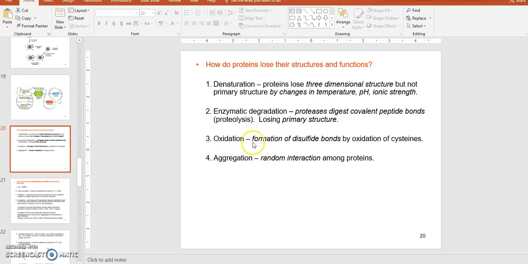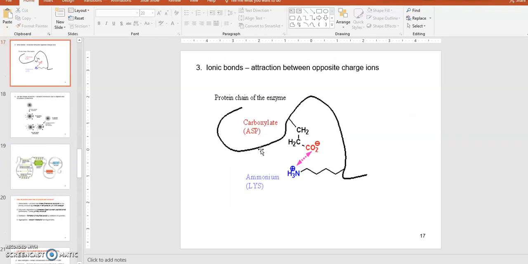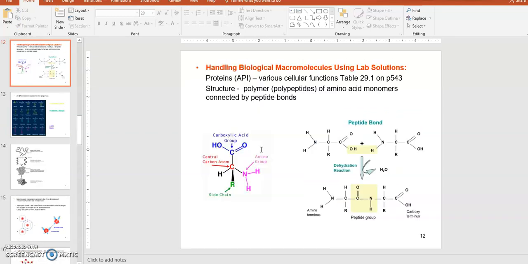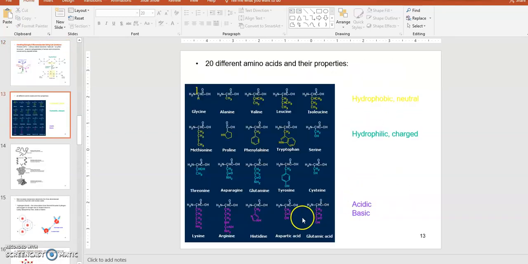Oxidation is another way of losing protein structure. Your cysteine amino acids have an SH group. Going back to the amino acid structure, there should be a cysteine somewhere. Where do you see that? Cysteine right here, SH. If you place a cysteine next to another cysteine, it's going to form disulfide bonds.